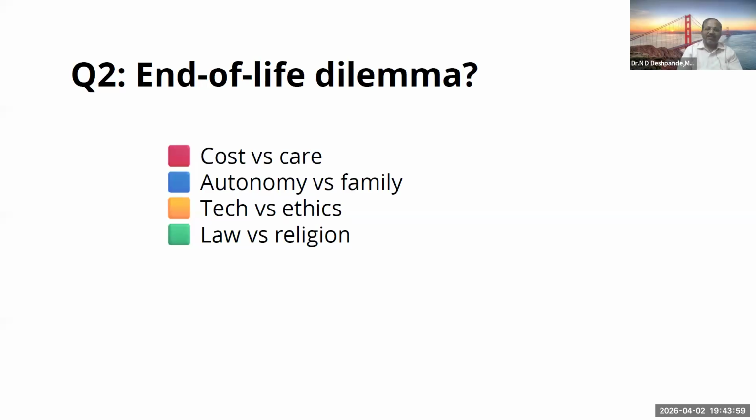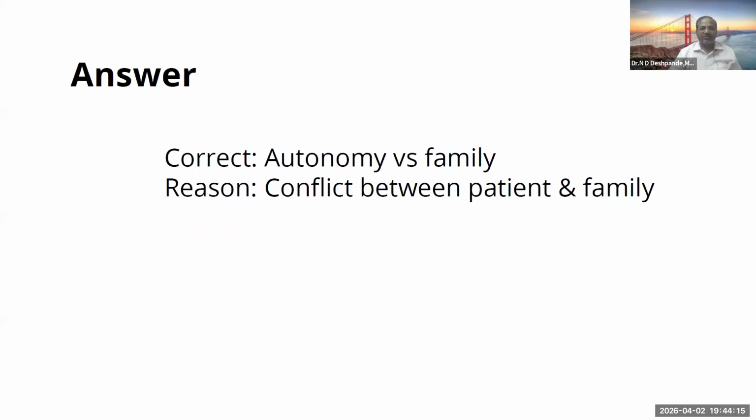Second, end of life dilemma is what? Is it about cost versus care, or autonomy versus family, or technical issues versus ethical issues, or law versus religion? Let's see the answer: autonomy versus family.